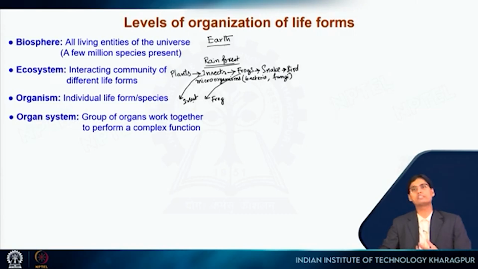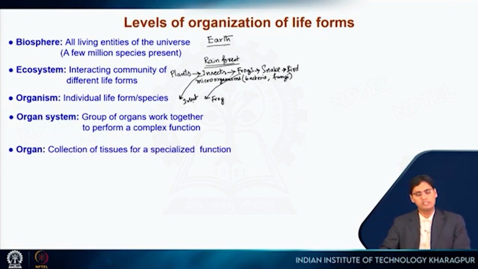For example, we have the stomach, the intestine, the large intestine, and all together they form the digestive system. They digest our food when we eat. And now the next level is the organ, a collection of tissues for a specialized function, which is called an organ.